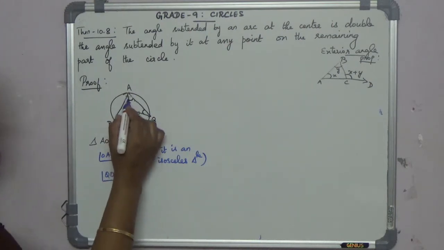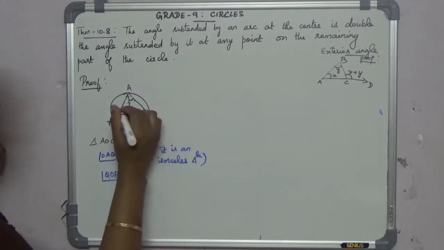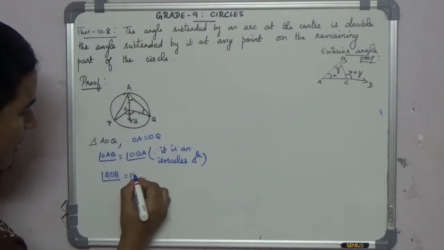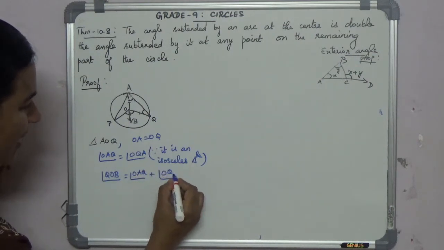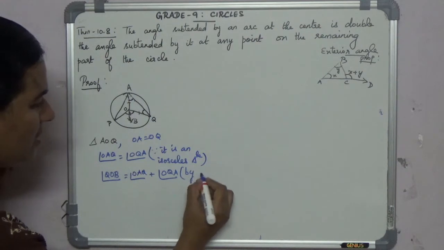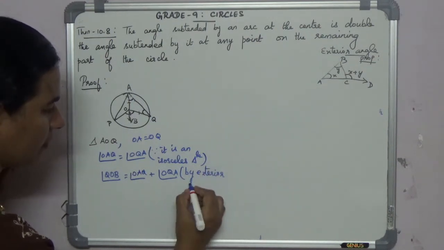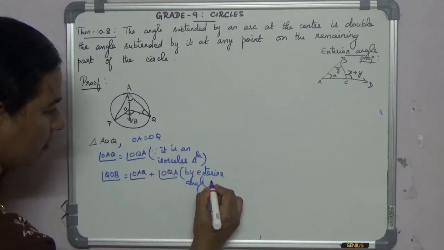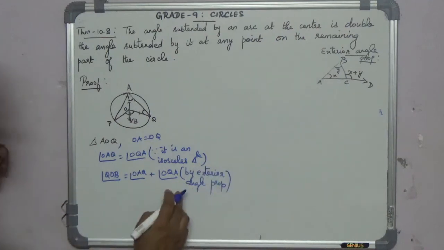It is equal to the sum of these two angles, that is angle OAQ plus angle OQA, by exterior angle property. We are making use of this property here.